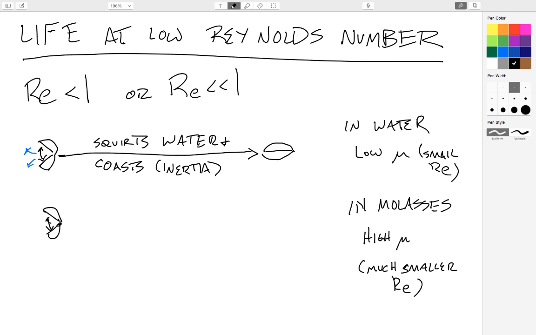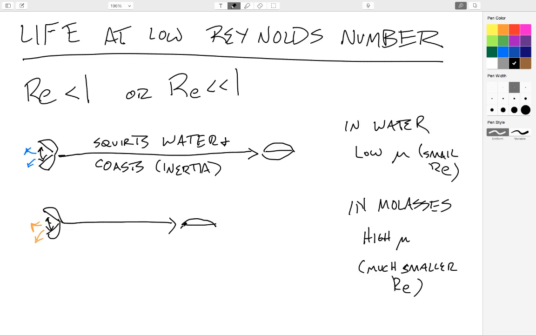So the scallop's going to open and then try and squeeze shut to move. Well, when it opens and then goes shut, it's going to move forward a little bit. It's going to try and squirt the molasses out. I'll use a different color for molasses. So it opens and then closes, and it goes a little distance.